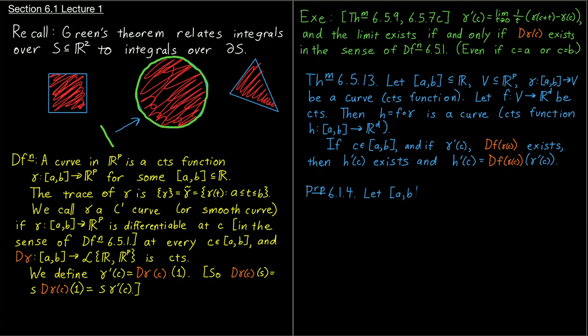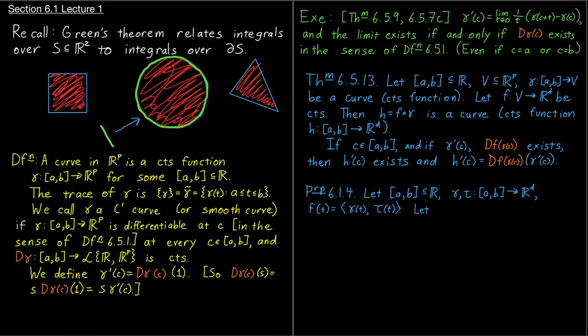So if I've got one domain in R and I've got two curves, gamma and tau, they are both curves mapping into the same R^p. And let's let the function f be given by f of t is the inner product of gamma of t, that's a vector, with tau of t, that's another vector.